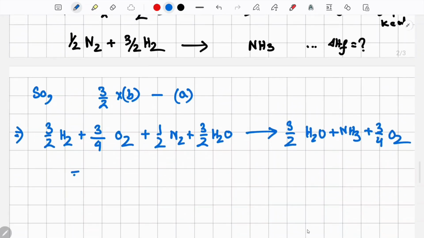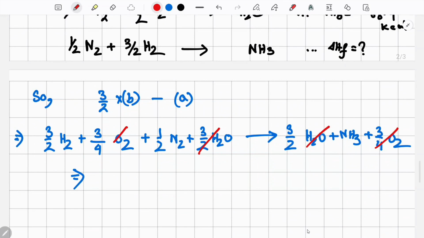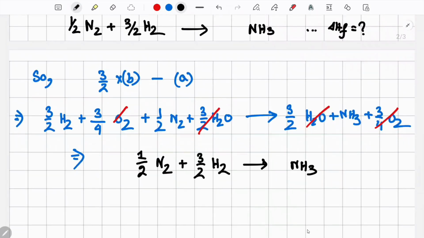That's it. So H2 is gone away. It will be half N2 plus 3 by 2 H2, giving ammonia. So how can we write?